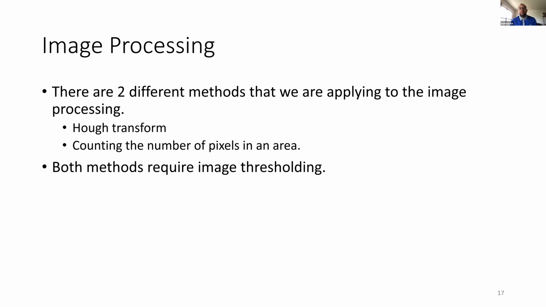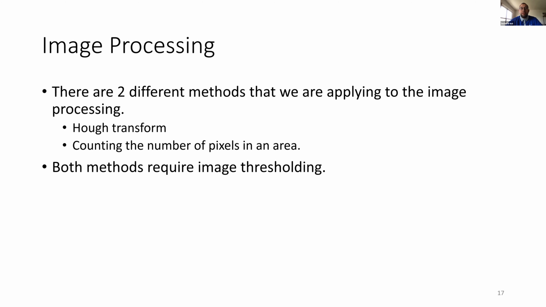Okay, so we used image processing. There were 2 different methods applied. One was hue transform, which was used mostly to find the line angles from the track that it would see on the bottom to help the drone generate its flight path.